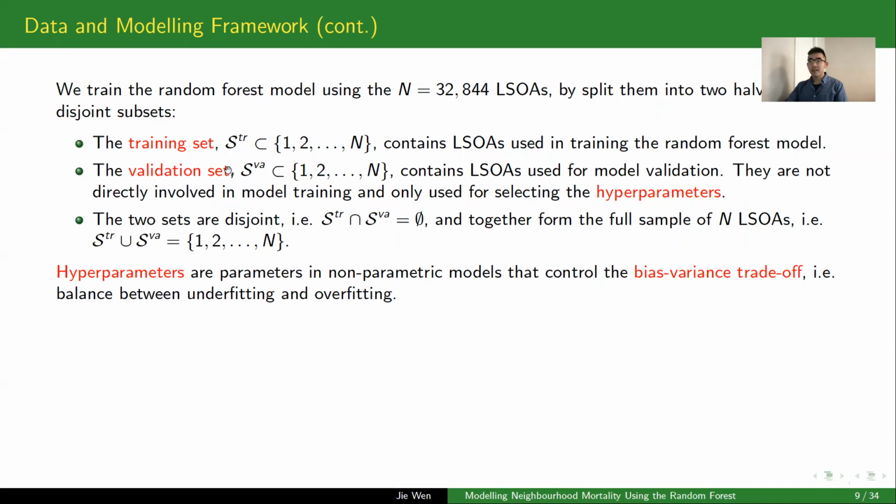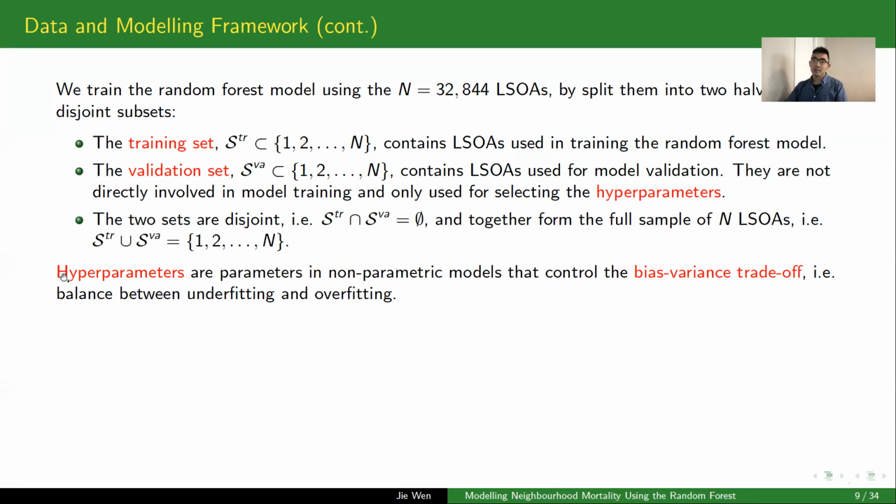The validation set contains RSOAs we use for model validation, which means they are not directly involved in model training. We only use them as out-of-sample observations to select the most appropriate hyperparameters within the random forest model. These two sets are disjoint, and together they form the full sample of 33,000 RSOAs.